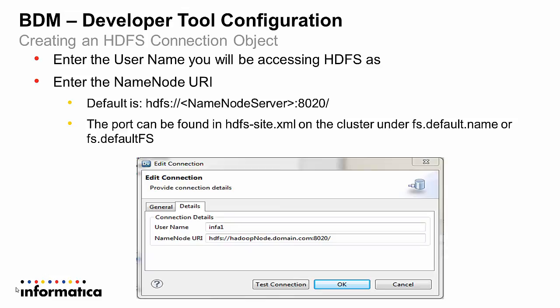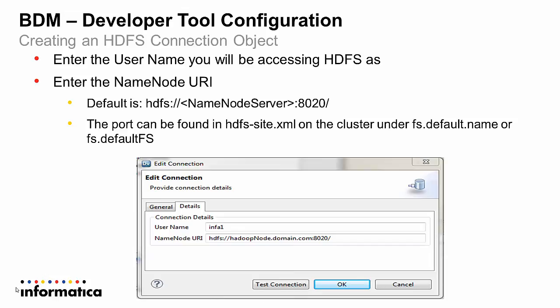So in terms of HDFS, what do I need to do? I need a username that has access to HDFS. Typically, this is a user that has been created on HDFS by your Hadoop admin, and I need the name node URI.